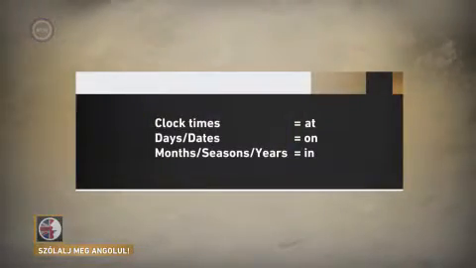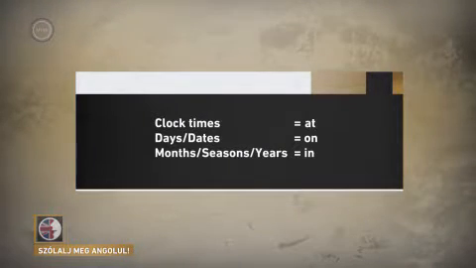We learned that we use at for clock times, on for days and dates, and in for months, seasons and years. So, the answer is, I was born on the 23rd of November 1970. Great! So now we know the questions to ask.